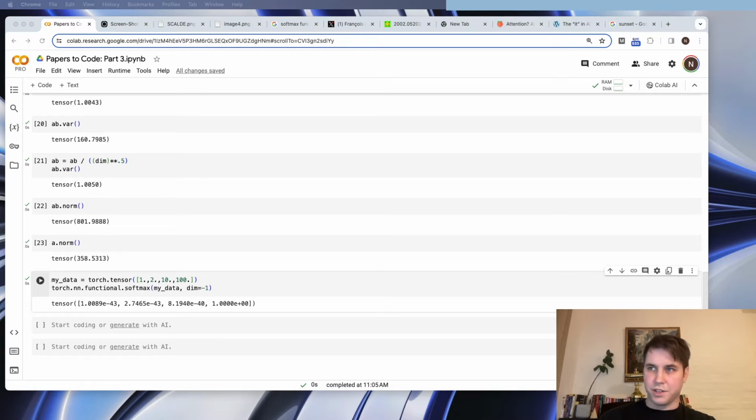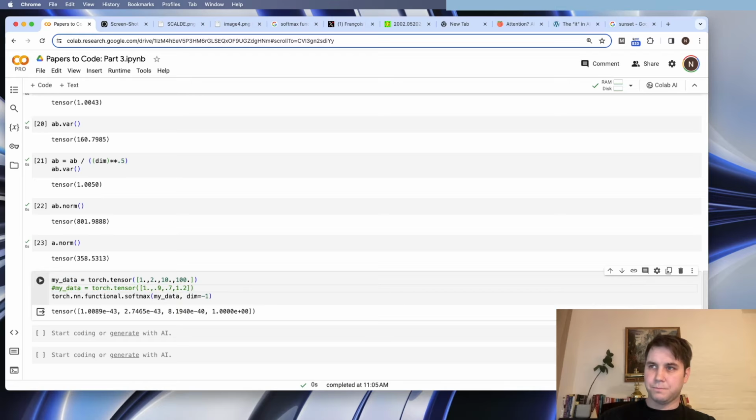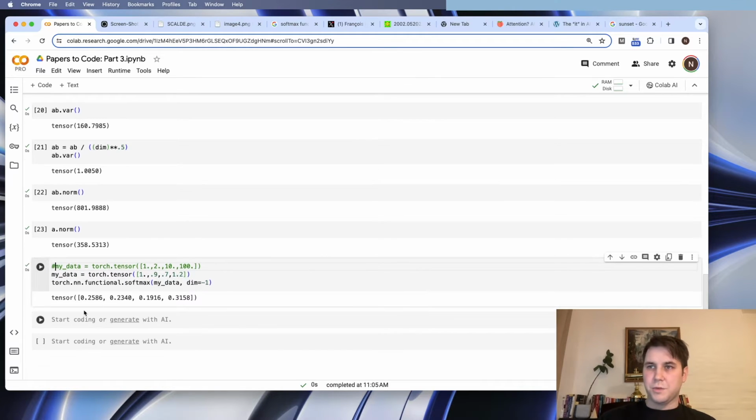Let's get another set of data with a little more even values. And now we see we have much better softmax values because the variance between these ranges from 0.7 up to 1.2. These actually stay pretty well ordered. But what if we increase the norm of this? So the variance is pretty good, but let's increase the norm.